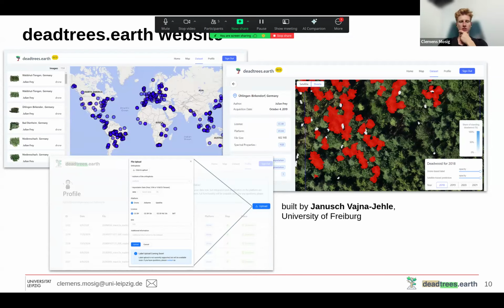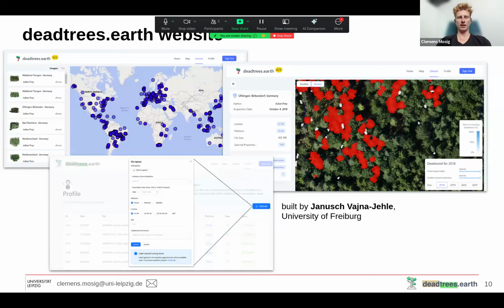Yeah, so essentially, if you have any kind of drone ortho photos of forests that are better than 10 centimeter in resolution, and also the timestamp, so the acquisition date of the drone ortho photo, then just upload them to the website. The data is not just available to us, it's available to the entire community.